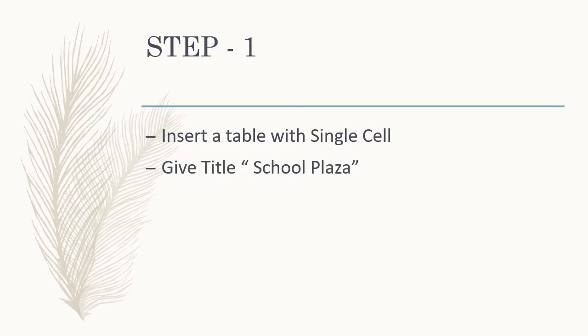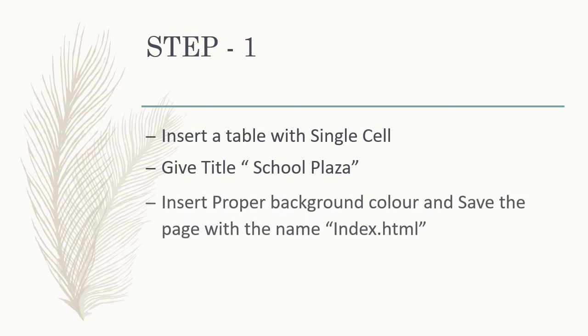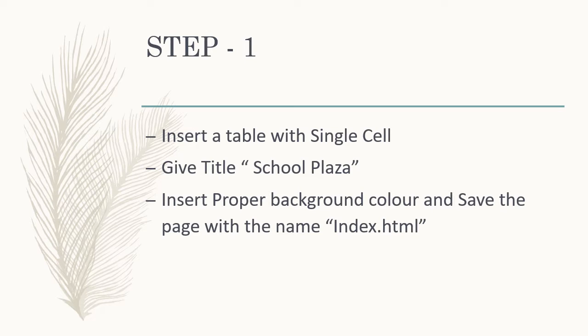For step number 1, we have to open the Composer, and after opening it you need to insert a table with a single cell. Then give the title as School Plaza. Insert a proper background color and save the page with the name index.html.